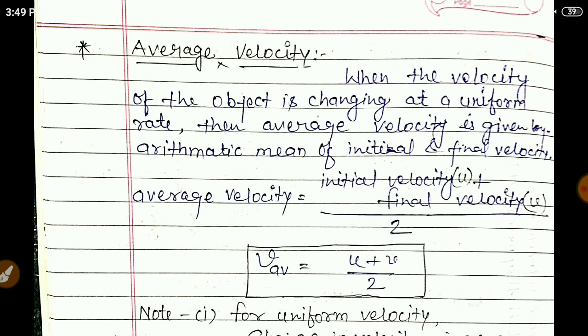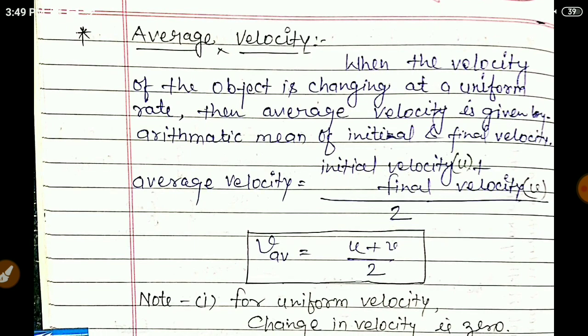We take the sum of the initial velocity and final velocity and divide by 2. It means it is the arithmetic mean of the initial and final velocity of the object.